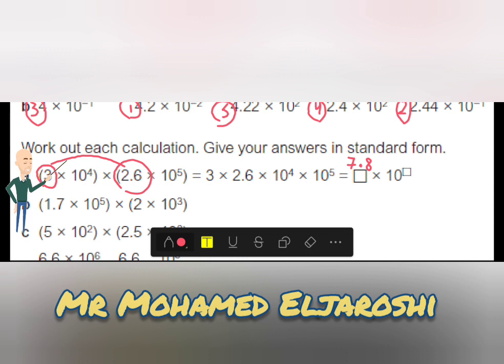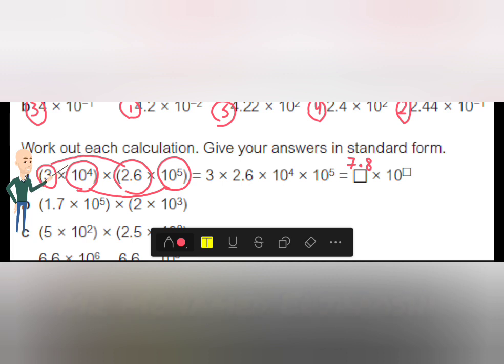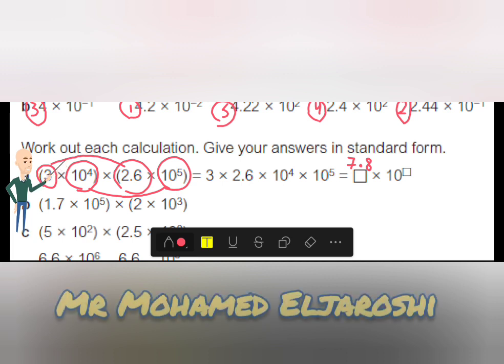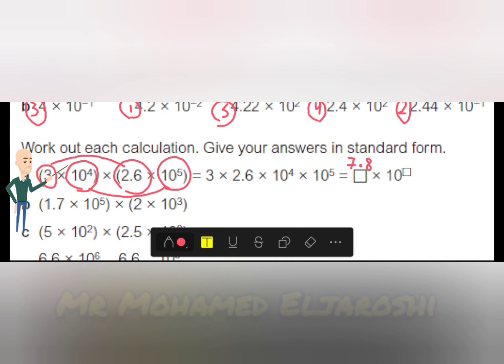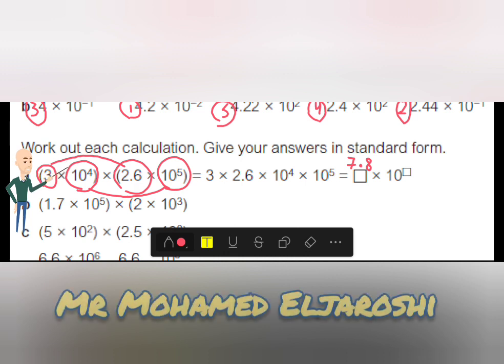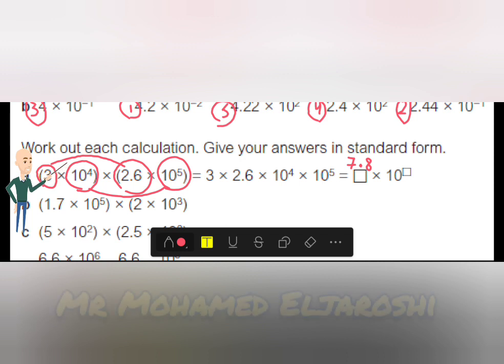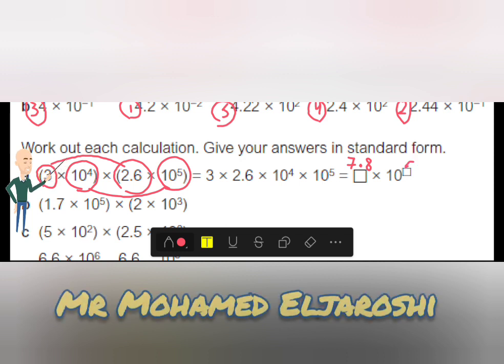I'm going to multiply the 10 to the power of 4 with the 10 to the power of 5. And when you multiply the same base numbers, you just add the powers. If you're dividing them, you subtract the powers. So 10 to the power of 4 and 10 to the power of 5 multiplied, we add the powers. So it's going to be 4 plus 5, which is power of 9.